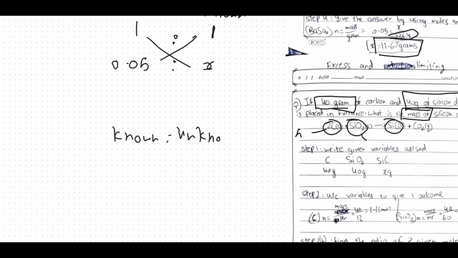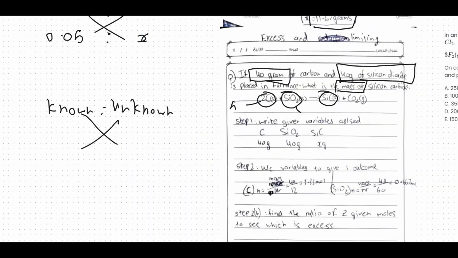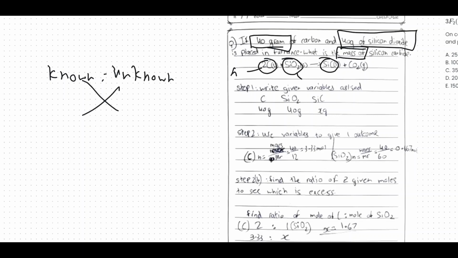But I have two known values here, so I can't simply use this cross multiplication method. For this type of question, I will first find the moles of both the known reactants. So the first step is you find the number of moles of both the reactants.